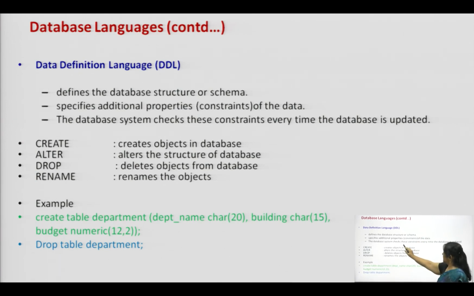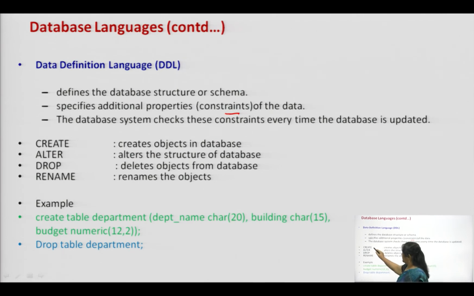It will also specify the various constraints that are there on the data, and whenever any data is being used, either it is being retrieved or updated, the database will check against these constraints.